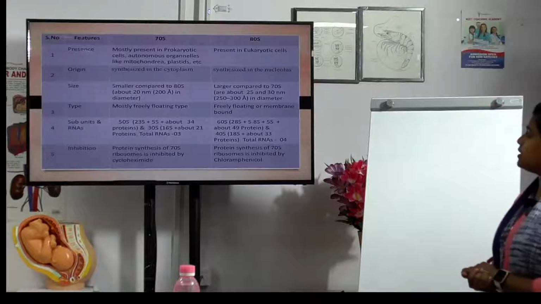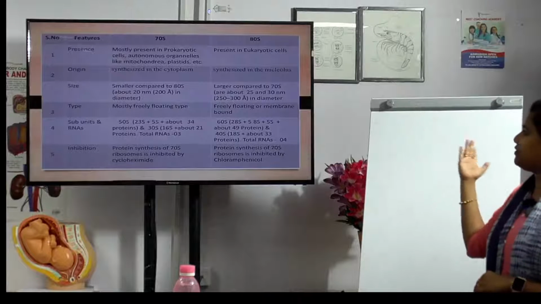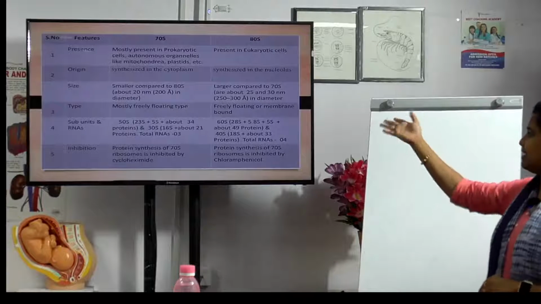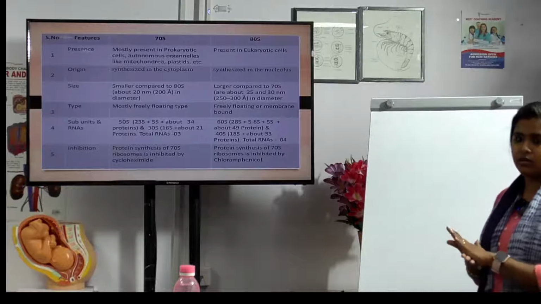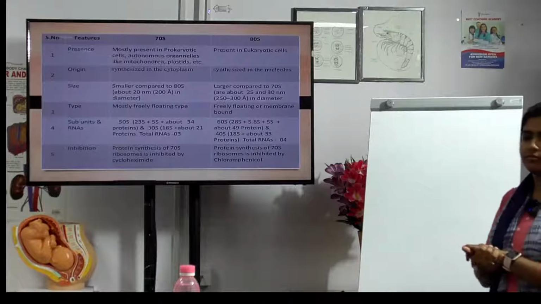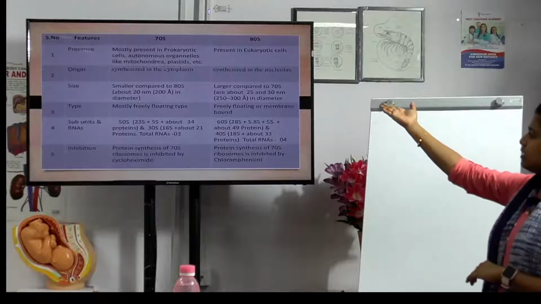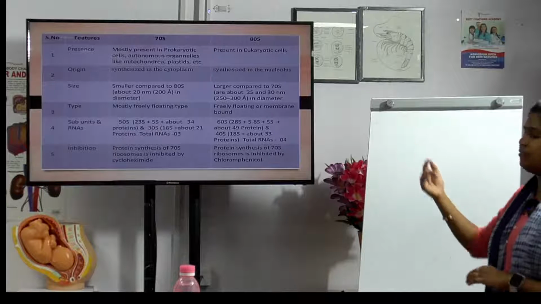Okay, size வந்து they are about 20 nanometer, இவங்க வந்து about 25 to 30 nanometer, and type வந்து they are free floating in cytoplasm. இங்க வந்து they are free floating தான் in where it will float? In nucleus. Okay. And then subunits வந்து 50 and 30, இங்க வந்து 60 and 40 only.